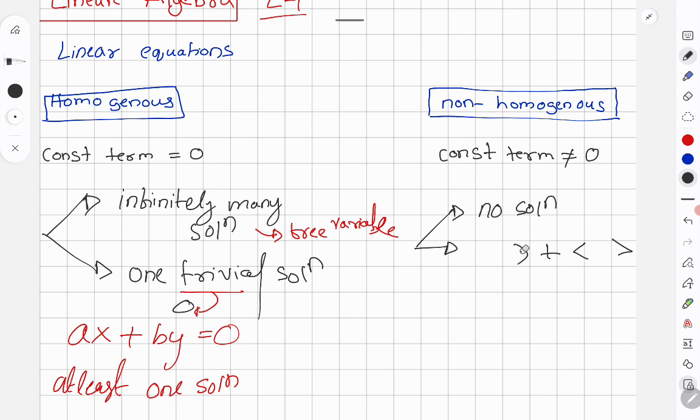Because it is non-homogeneous, you will have a particular solution, which I am writing as PS, and this is GS, the general solution. If you solve only the homogeneous part of the linear equation, you will get the general solution. Then you have one more case, as one single solution.